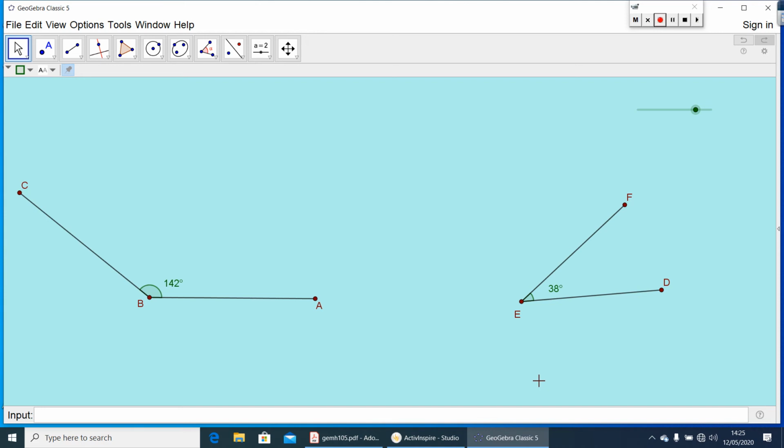That means the sum of the measures of the angles, if you are getting 180 degree, such a pair of angles we can call as supplementary angles. Now how can you define supplementary angles?